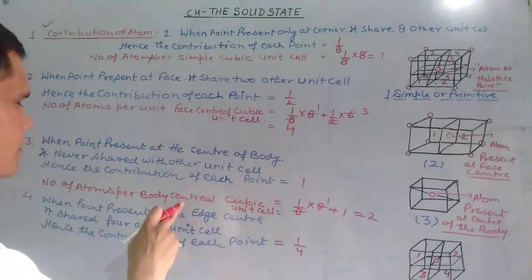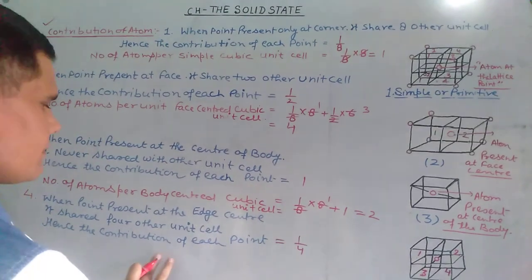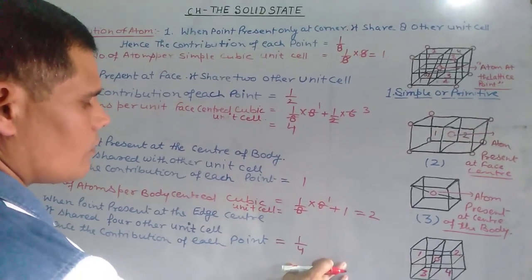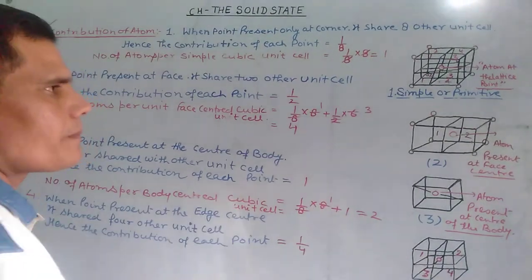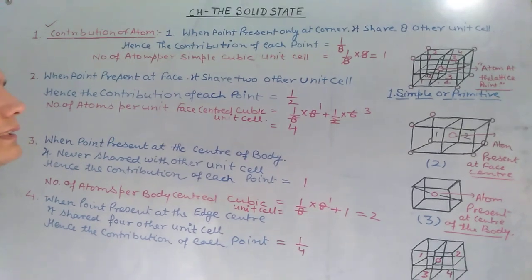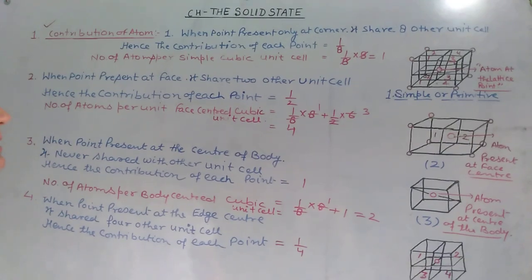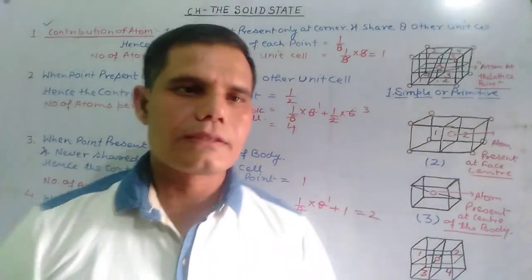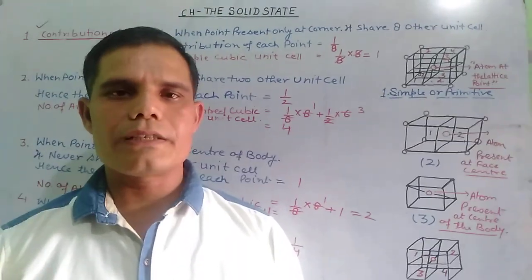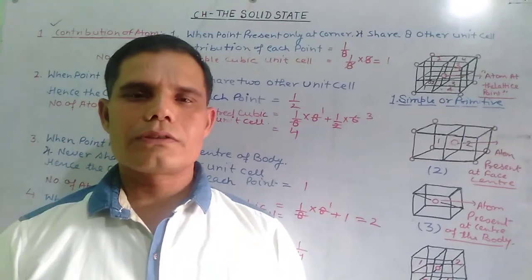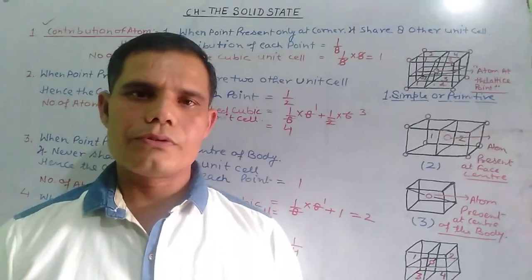Number of atoms per body centered cubic unit cell is 2. This is the way to represent the number of atoms present in different types of cubic unit cells. We will discuss the structure of crystal systems, 1 dimensional, 2 dimensional or 3 dimensional, in other videos.